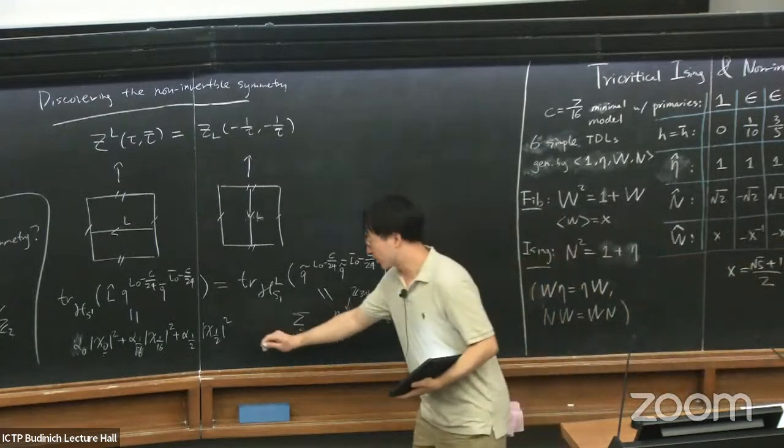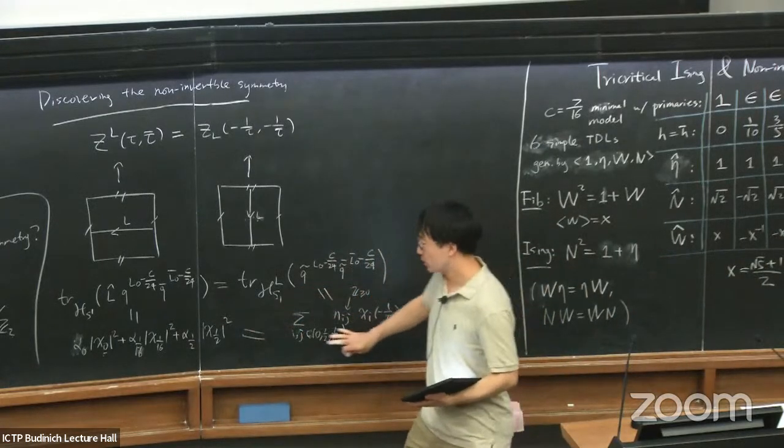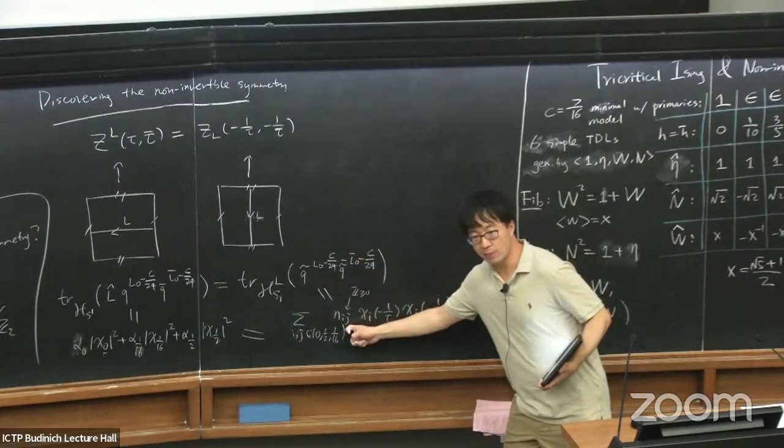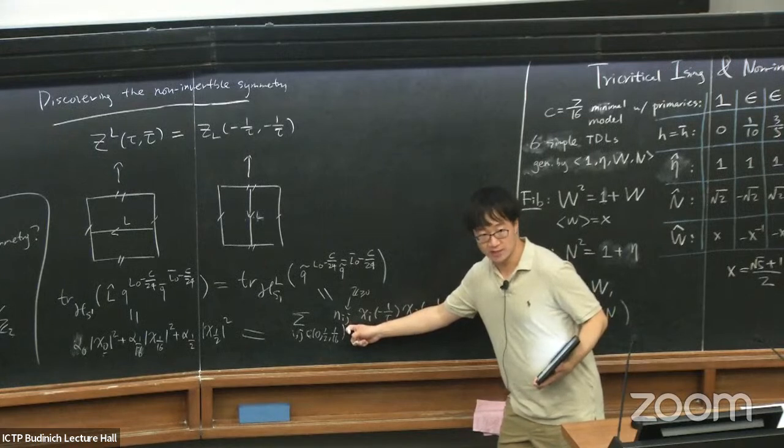And this very simple relation, so you have this equality, with the constraint that this coefficient, a positive integer, is surprisingly strong.